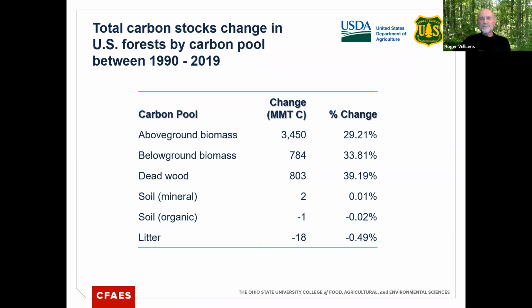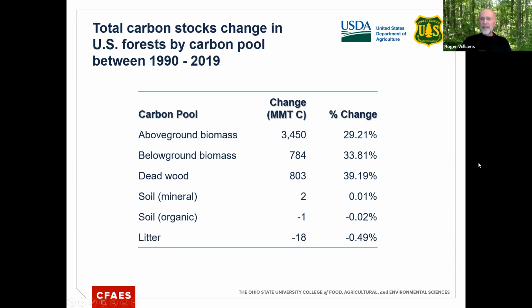As you can see, there's very little change in the soil carbon stocks between 1990 and 2019. But again, that is partially because of the very little disturbance that we see in many of these forest soils.